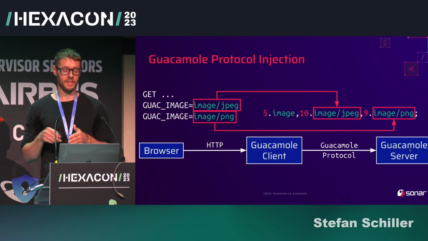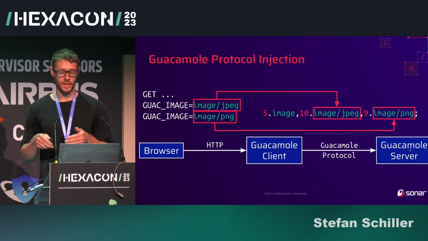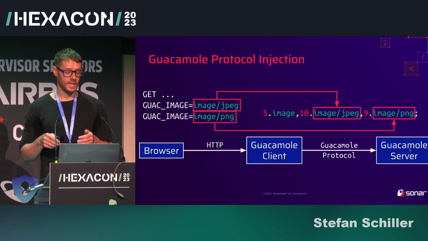We've already figured out that the query parameter for the supported image types is inserted into the guacamole image instruction sent during the handshake. The query parameter can also be set multiple times to define more than just one image type. All of them are inserted as an argument to the image instruction.